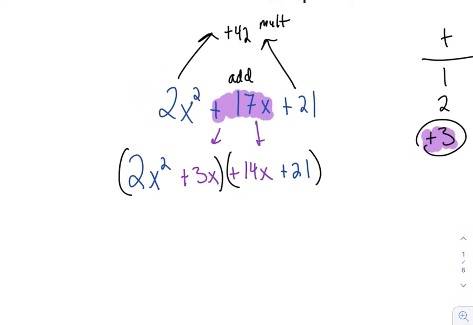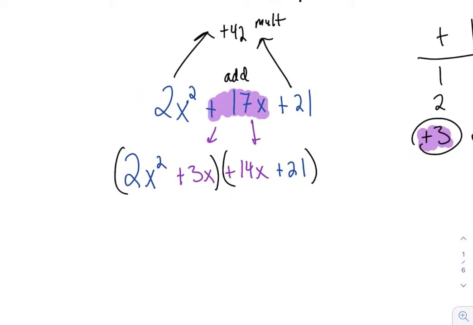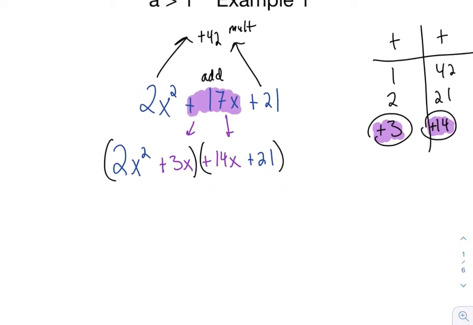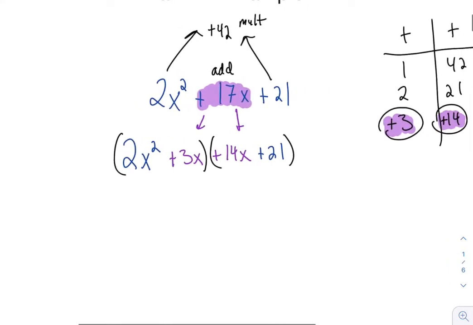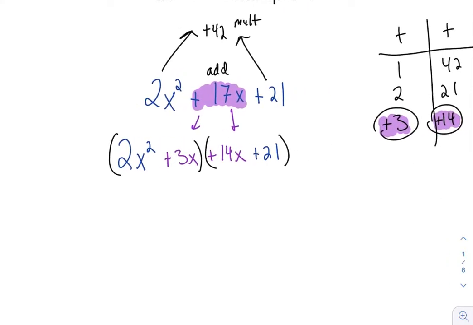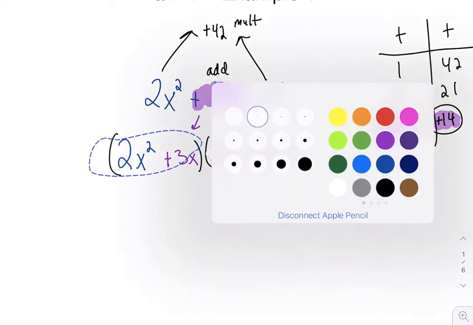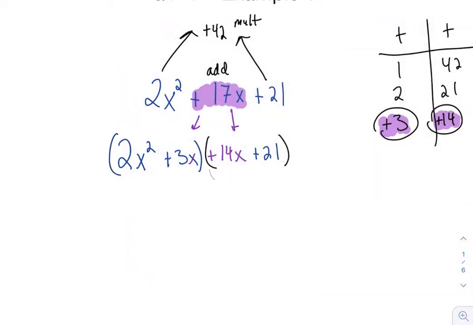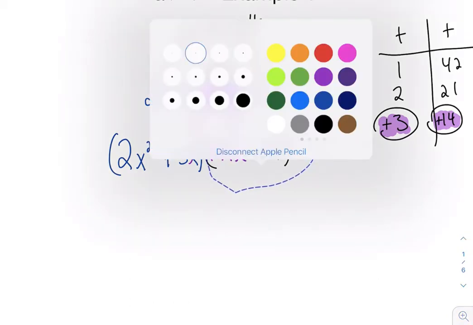All right, so what we're going to do now is find the GCF in each individual set of parentheses. And so I'm going to look at the first two terms, 2x squared and 3x, and find the GCF for that. I'm going to also maybe make these all one color and make this a different color so we kind of see what's happening here.